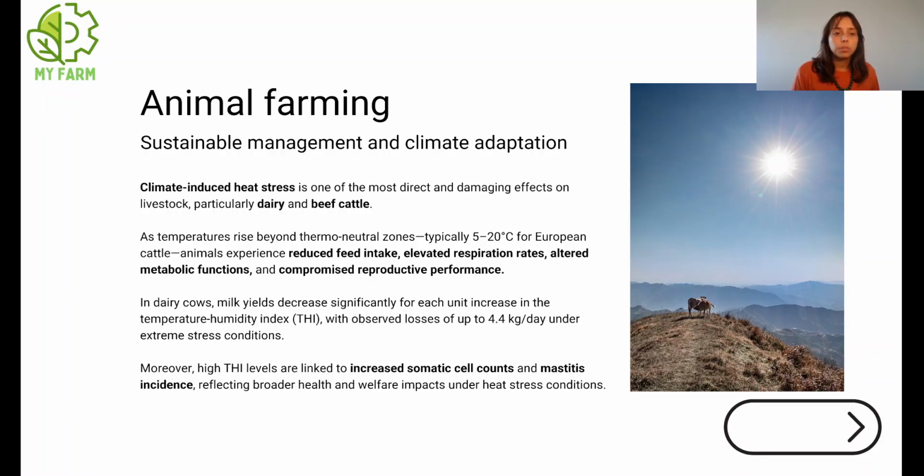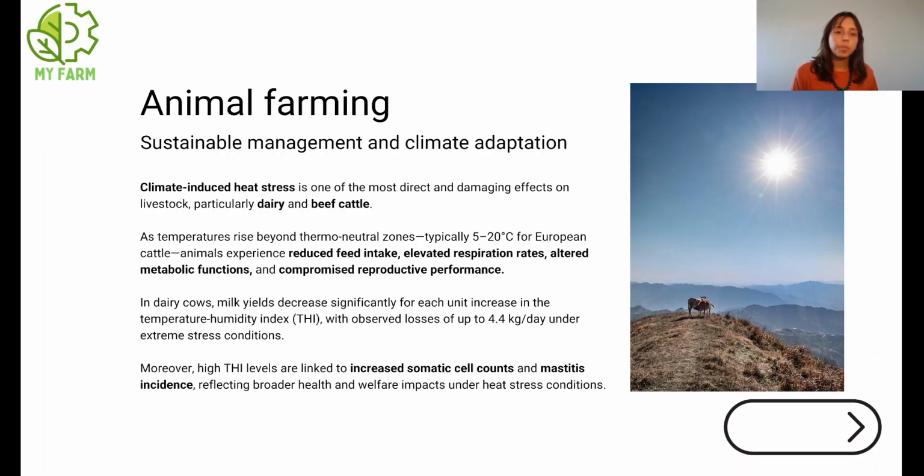In dairy cows, milk yields decrease significantly for each unit increase in the temperature humidity index, with observed losses of up to 4.4 kilos per day under extreme stress conditions. So, as you can imagine, this is quite an issue for livestock farmers.